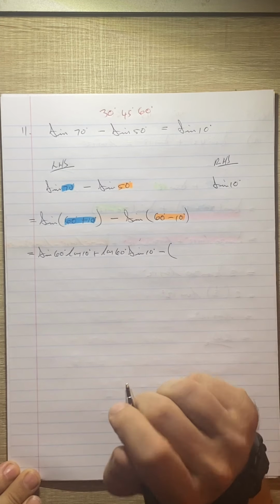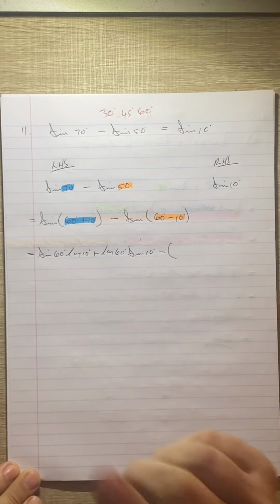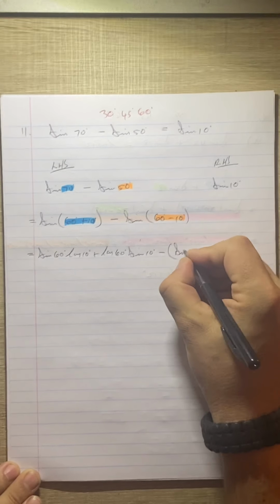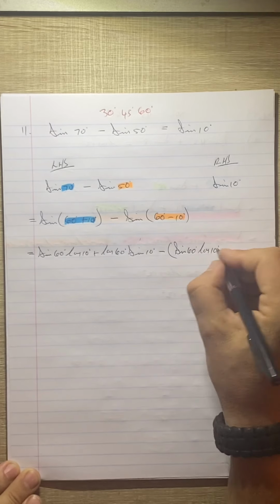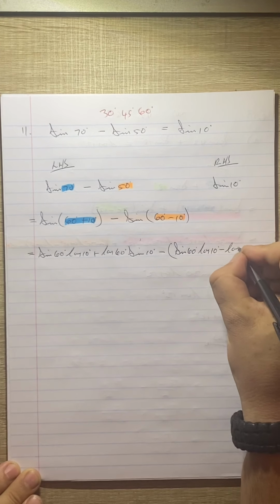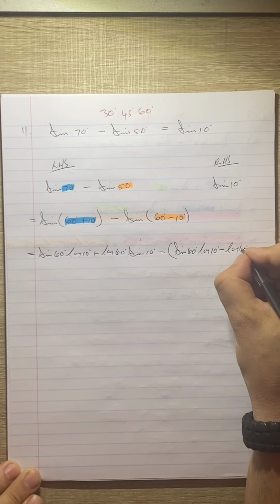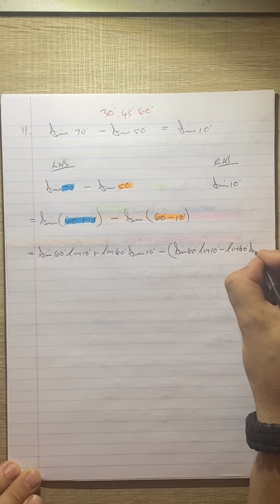So I'm just going to use a bracket here and let's expand this. So this will be sine 60 cos 10 minus cos 60 sine 10.